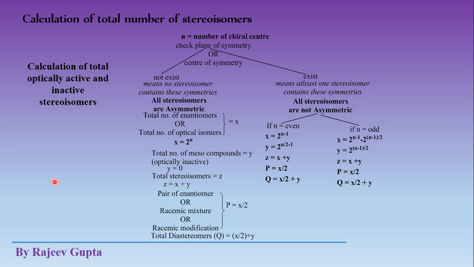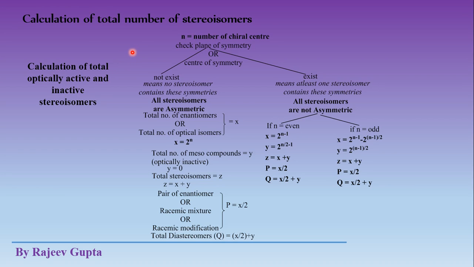For such molecules, for a single compound, we have to calculate the total number of stereoisomers possible.